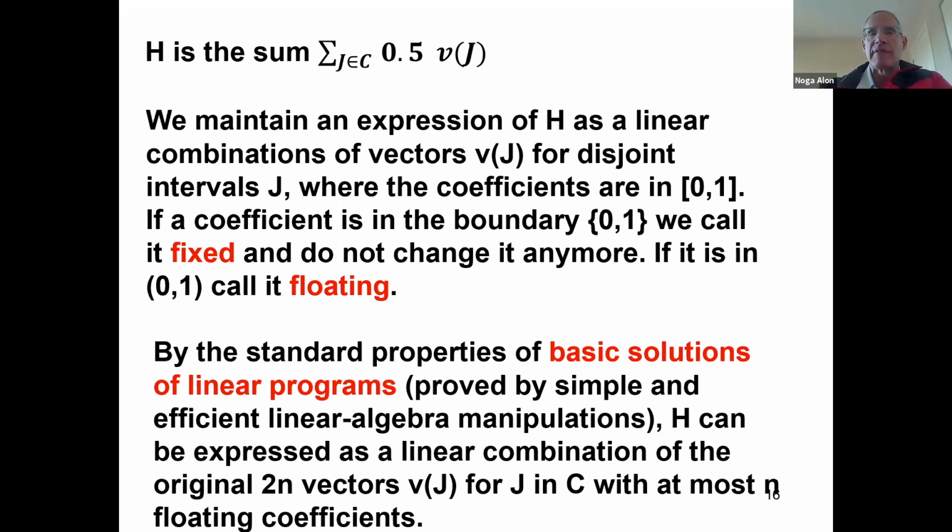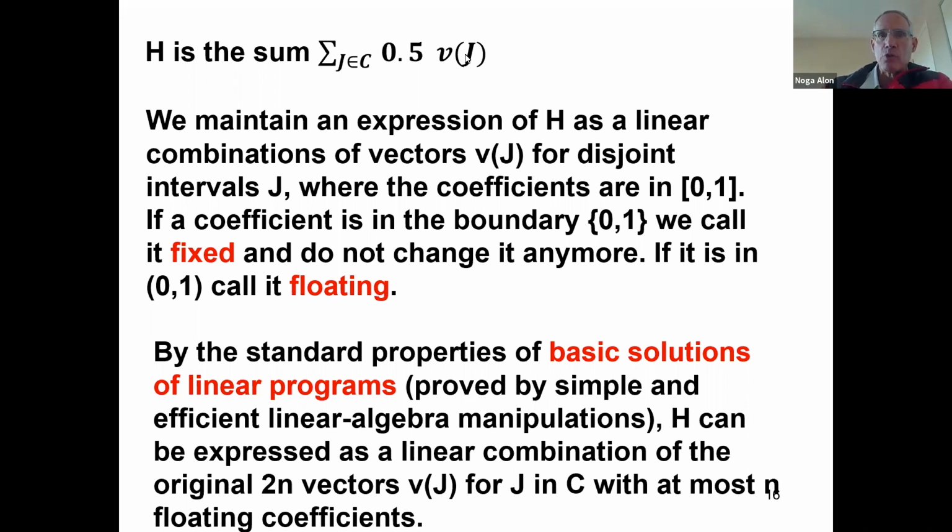I mean, as long as vectors with floating coefficients, there are more than n of them, we find the linear dependence between them, and then we add or subtract some constant times this linear dependence until at least one of the coefficients becomes fixed, and still keeping all of them between 0 and 1.